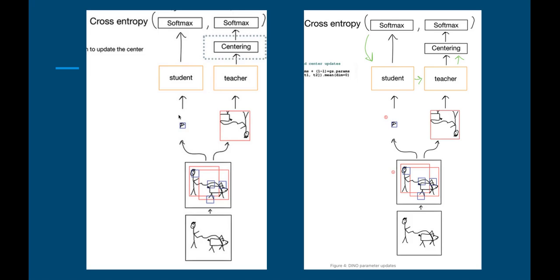These different patches are then put through their own layers and output a feature embedding. Basically, we want the softmax distribution of the student to be as close as possible to the teacher's version.